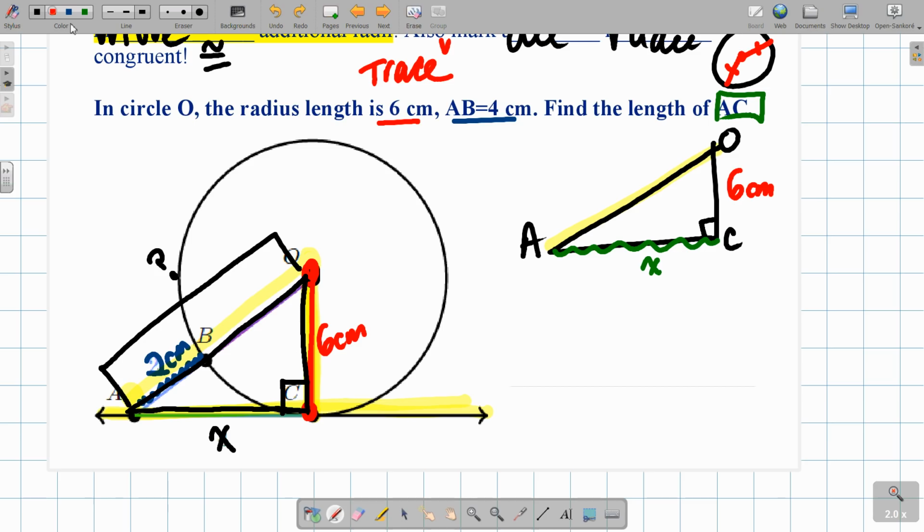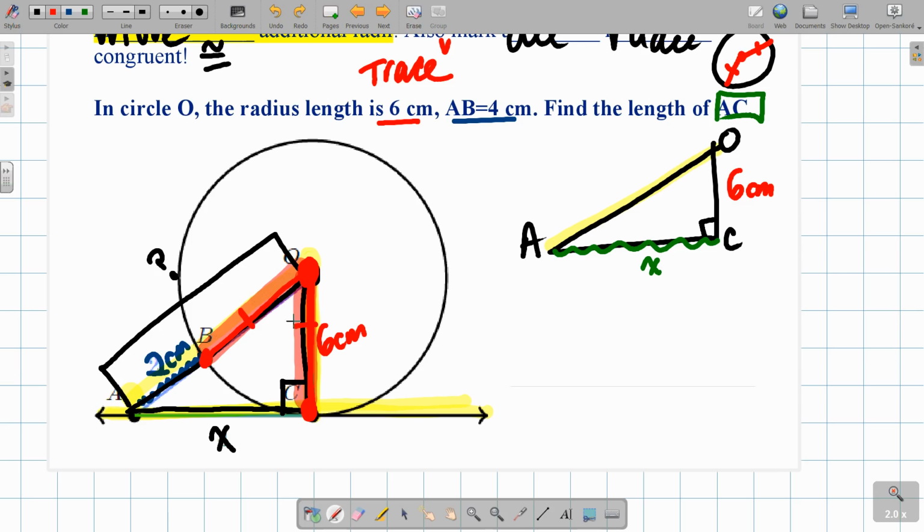Ready? This is what I mean by trace all radii. I'd like you to trace the radius A to O again. Now, trace the radius O to B. Do it again, A to O, O to B. Those are both radii, folks, which means I want you to mark it congruent.